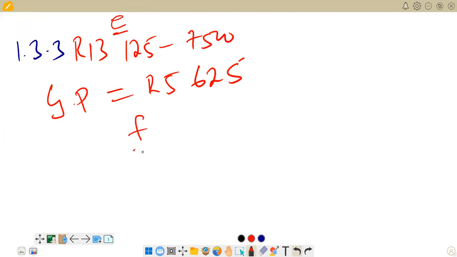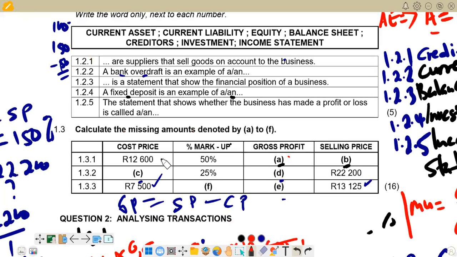Then now we want to calculate our F. Let's try to find out what we have in terms of F. Here, our F is our markup. And remember the formula for markup: markup is equal to gross profit over the cost price. Our gross profit is the one that we found there, 5,625, and our cost price is 7,500.